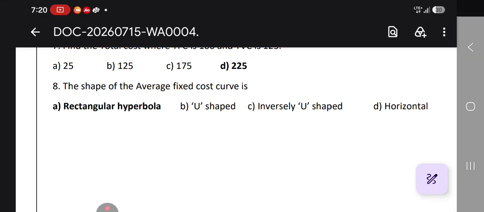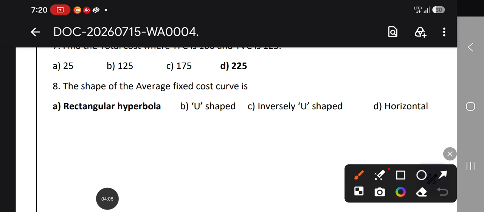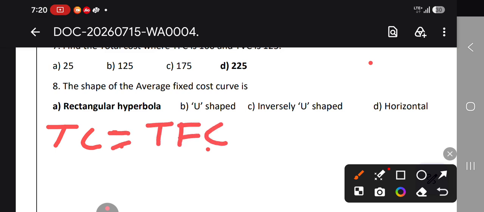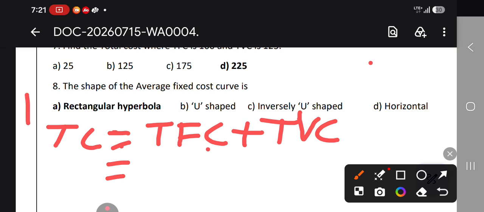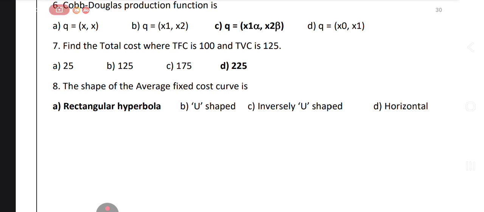Once again, I will explain that question. TC formula, TC equals TFC plus TVC. TFC is given, 100. 100 plus 125 is 225.